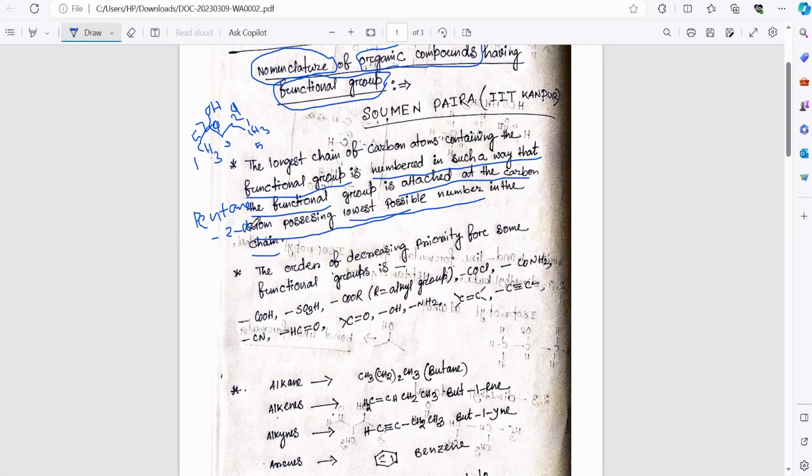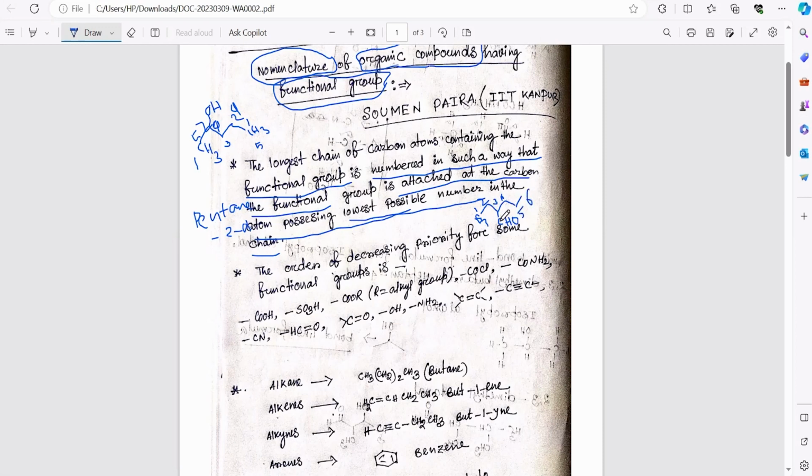Let's say instead of OH, we have this kind of molecule, where CHO is present. Now CH3, CH2, and this is CHO. So this is 1, 2, 3, 4, 5, and 6.